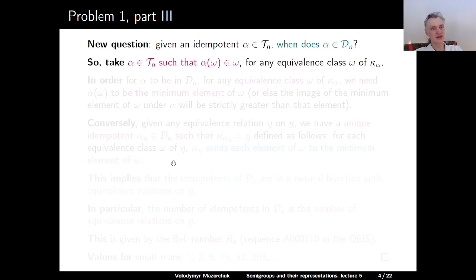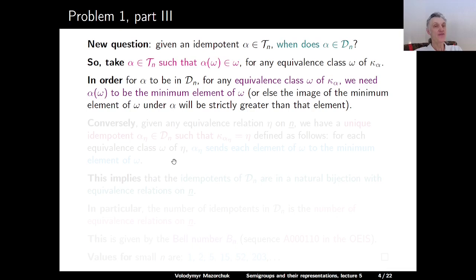So we take alpha in Tn and we assume that alpha of omega belongs to omega for any equivalence class omega of the kernel of alpha. If we want this alpha to be in Dn, for any equivalence class omega of the kernel of alpha, we need alpha of omega to be the minimum element of omega.